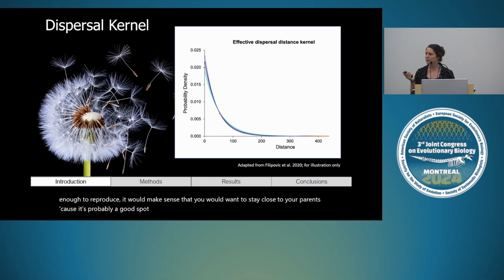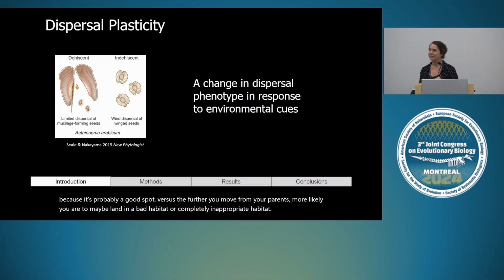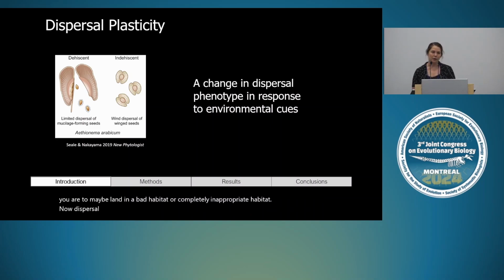Versus the further you move from your parents, the more likely you are to maybe land in a bad habitat or completely inappropriate habitat. Now, dispersal plasticity is the ability of an organism to change its dispersal phenotype in response to an environmental cue. So here we have another wind dispersing plant, but it produces two different morphs of seeds.